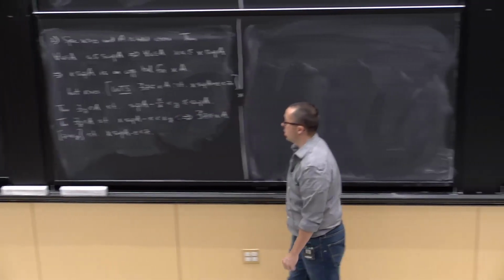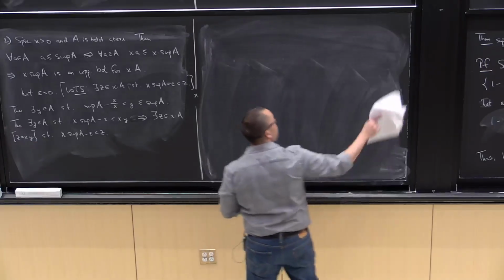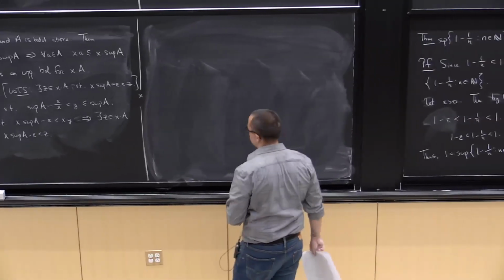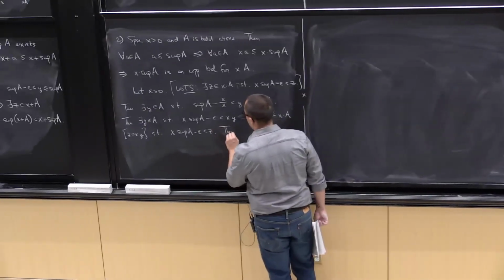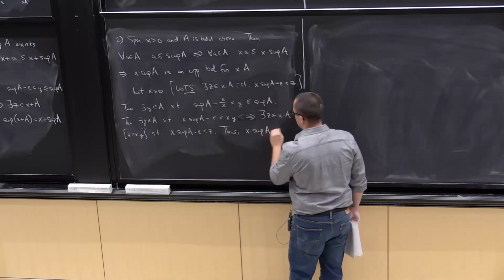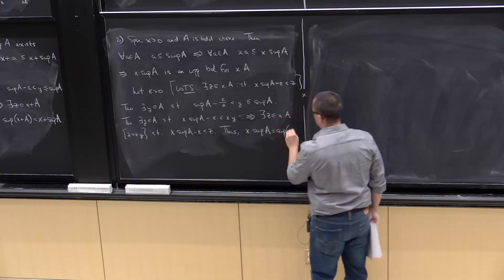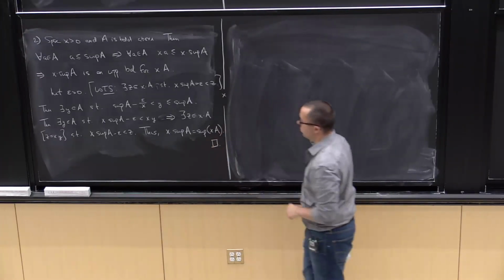And therefore, x times sup A satisfies the second epsilon property with respect to the set x times A. And that's the end. Okay?